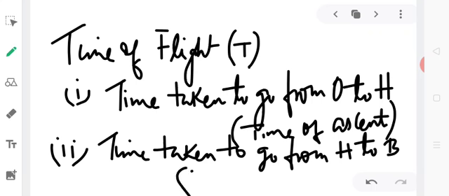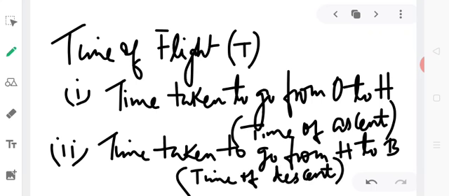So this is called time of descent. Now as motion from O to H and H to B are symmetrical, we can write down time of ascent to be equal to time of descent, isn't it?